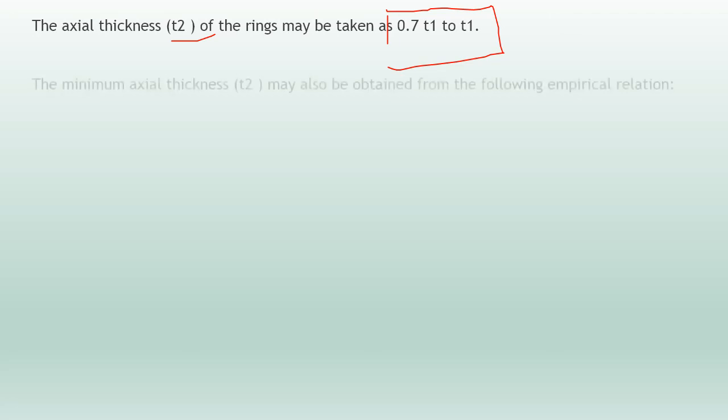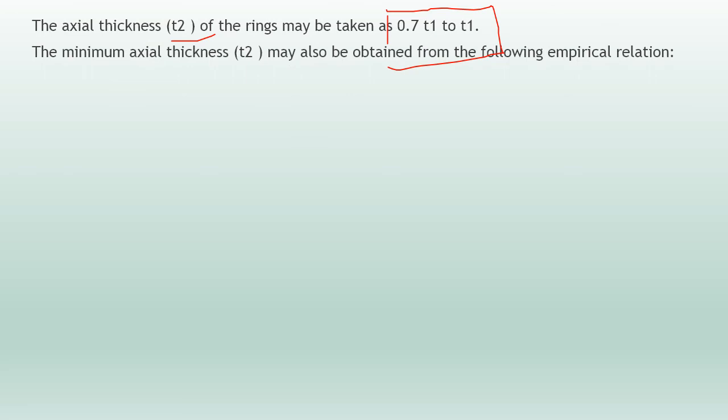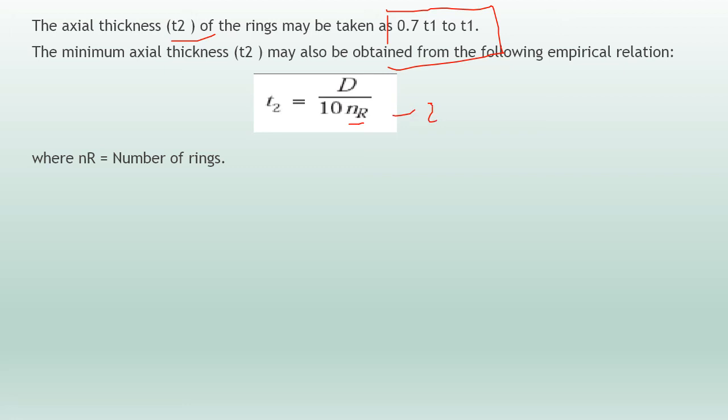Then another empirical relation is given for the minimum axial thickness. It may also be obtained from the following empirical relation: T2 equal to D divided by 10 NR, where NR is the number of rings. Sometimes it is 2, sometimes it is 3. Okay, it may be 4 also.